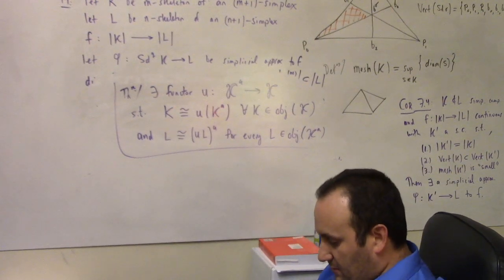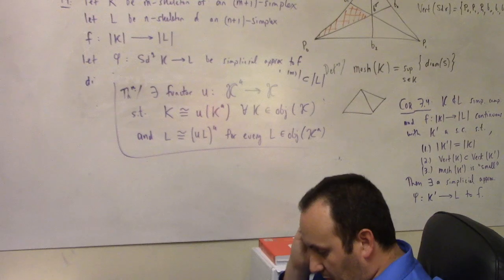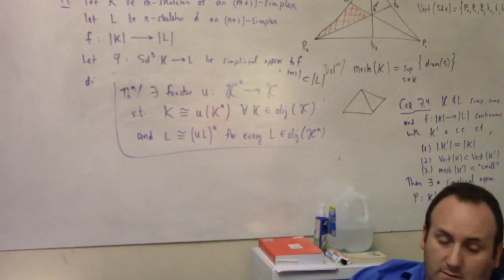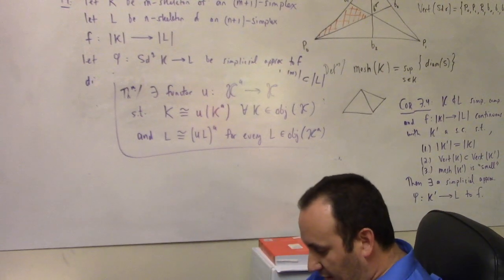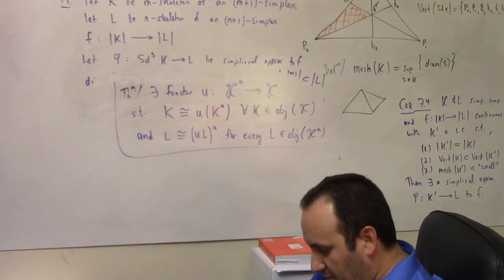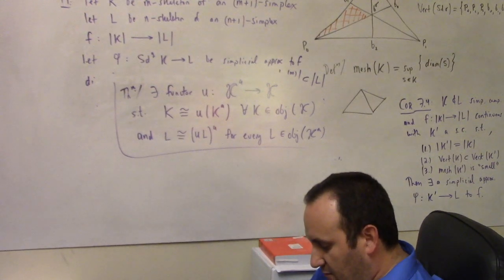So this is a theorem. The proof. He says let L be an abstract simplicial complex, V the vertices of L, V_0, V_1, through V_n. The standard simplex, delta n, has vertices, the standard basis, right? e_0 through e_n.